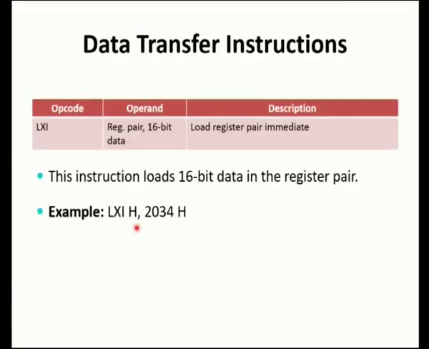So 34 is loaded in the L register and 12 is loaded in the H register. HL is also two registers, right. The lower byte is loaded in the lower register and the higher byte in the higher register. In this example, LXI H, 2034, the 34 is loaded in the L register and 20 is loaded in the H register.